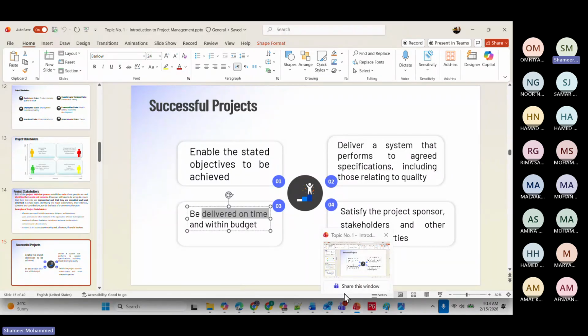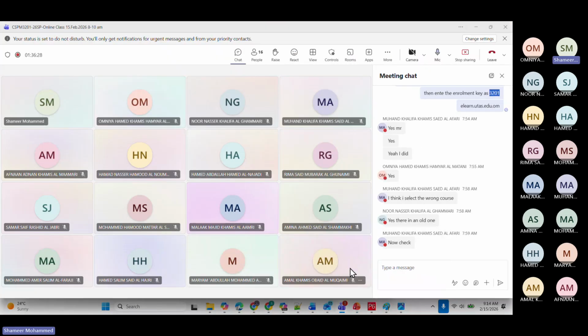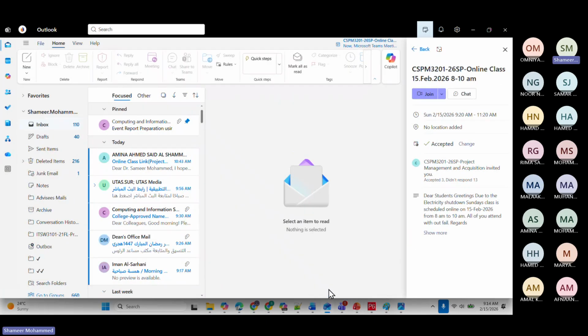Amina has not received. Amina is not there in this one. What is this? Amina Ahmad Saeed Al Shamaki. Okay, I will share you the meeting link. Is this one? Our meeting.